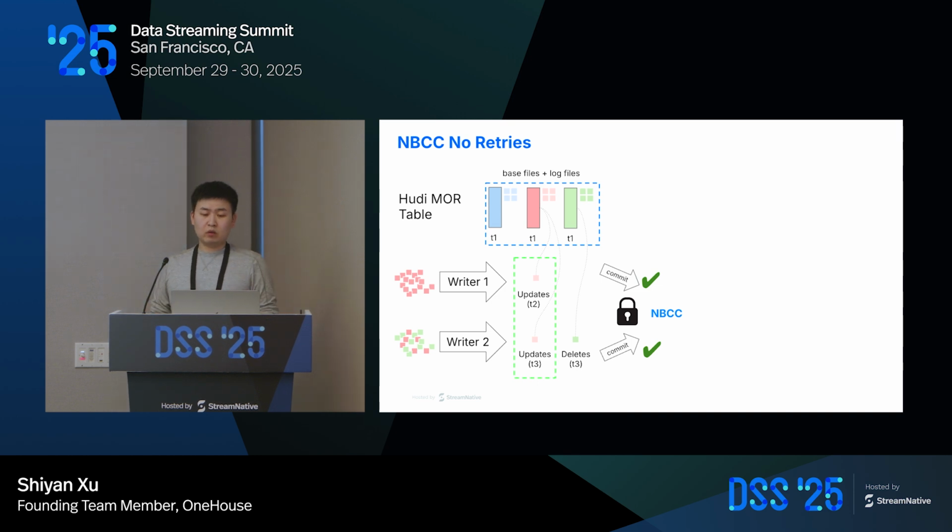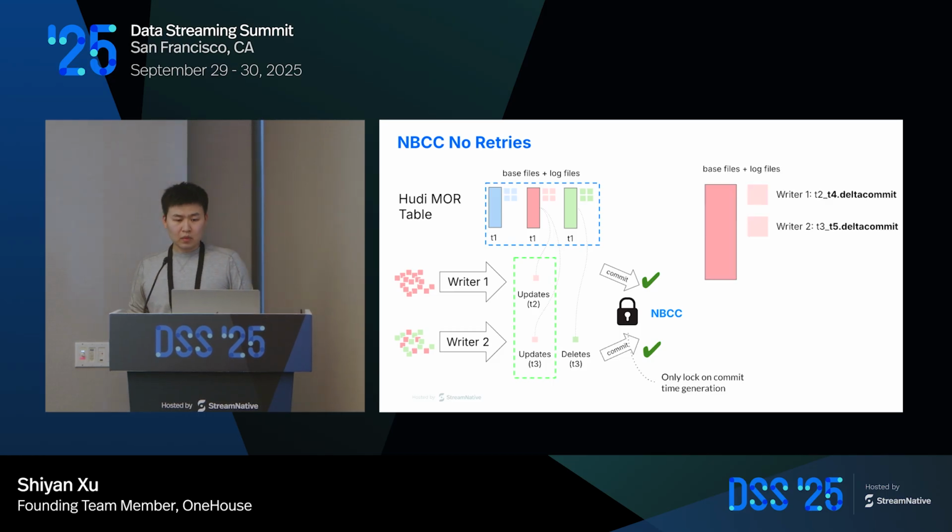So that's why ordering is very important. And by following the completion time to enforce the order of files, and then following the ordering value of the records, you can perform merging correctly. As you can imagine, by avoiding retries, concurrent streaming writes can achieve much higher throughput in your Lakehouse.